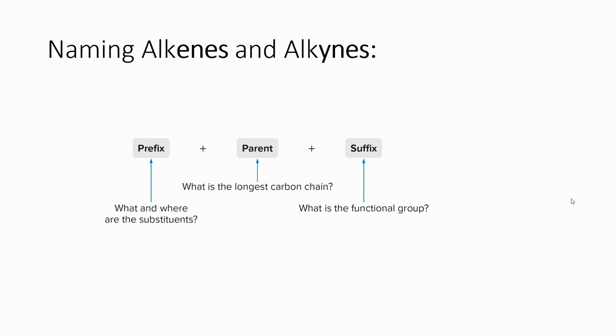Now, if we have a double bond in our molecule, we're going to use ene as the suffix. If we have a triple bond, we're going to use yne as a suffix. Okay, so now we need to watch out for that. If there's no double or triple bonds, we are still going to use ane.